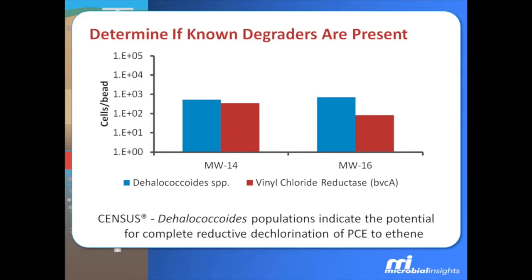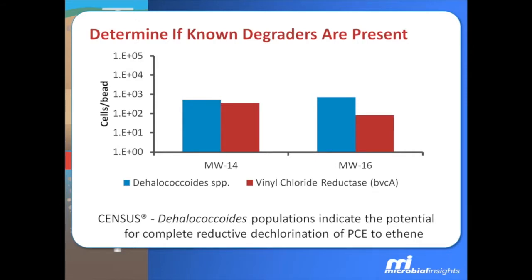deployed in a site impacted by chlorinated hydrocarbons, 2 different wells. So here, of course, with a chlorinated hydrocarbon, we're interested in the concentrations of Dehalococcoides and also reductive dehalogenation activity.